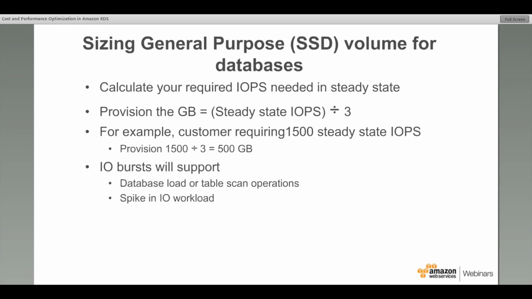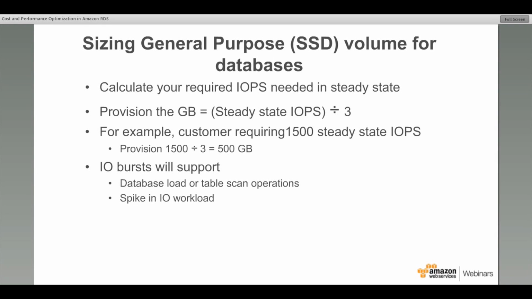So because general purpose SSD storage gives you at its baseline 3 IOPS per gigabyte, you could actually provision based upon your IO requirements. And so here is a simple example where I'd like to have 1,500 steady state IOPS. Therefore, I will provision 500 gigabytes of SSD storage. And because I'm not paying for the additional cost for the I/O, depending upon your workload and your scenario, this could actually be cost savings. And we have some charts in a few slides to illustrate this point further.